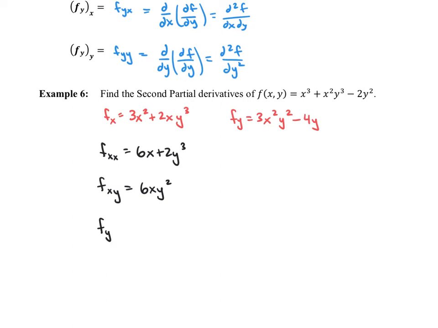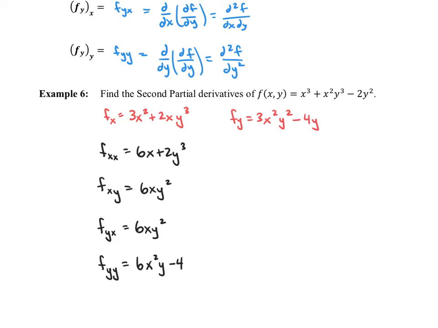The partial derivative with respect to y first and then x gives us, again, we're going to go over here to the partial derivative of y first, and then we're going to take this derivative with respect to x. We end up getting 6xy squared, and then the partial with respect to y first, and then y a second time would give us 6x squared y minus 4.